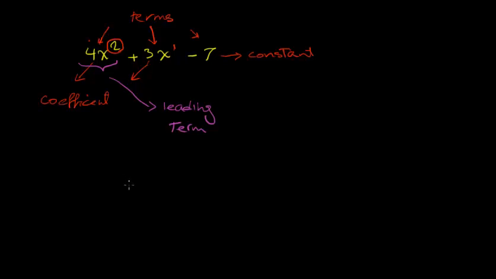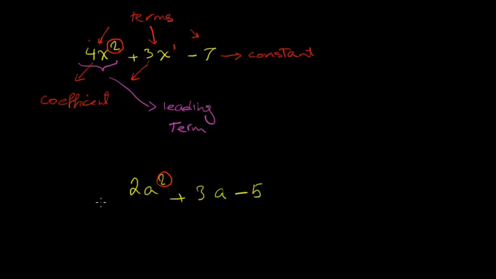This is another polynomial, 2a2 plus 3a minus 5. By looking at this polynomial, we can say that this polynomial is second degree polynomial because it has an exponent of 2 in the leading term. The degree of the exponent in the leading term tells you what degree the whole polynomial has.